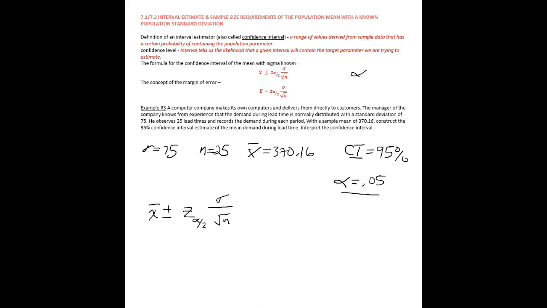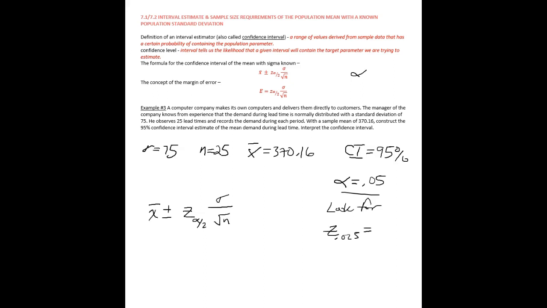Okay, so now the z-value that we're going to find is one for alpha half. I'll draw a picture and show you why that is, but it'll make more sense in a second. So we're looking for z of alpha half, so z of 0.025, not z equals 0.025, z of 0.025, right?